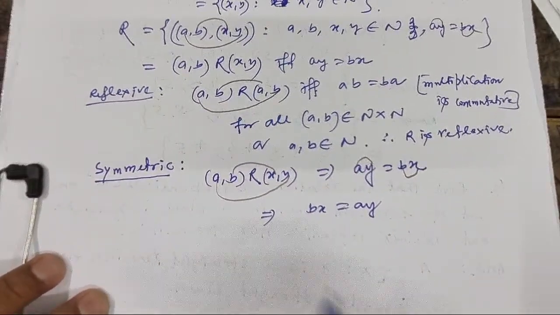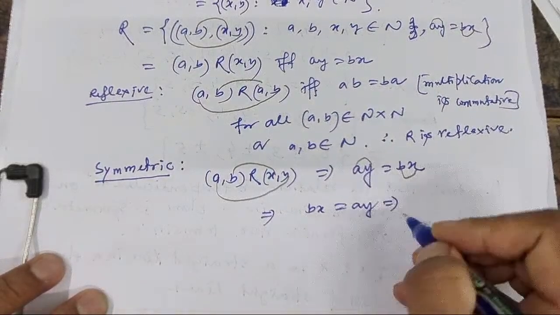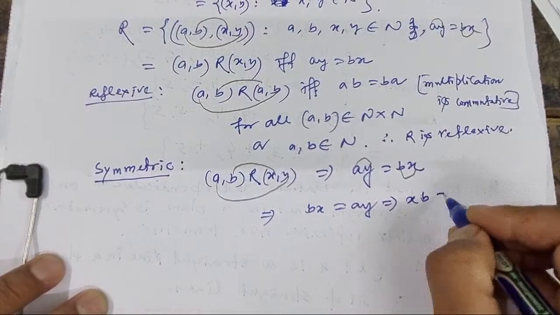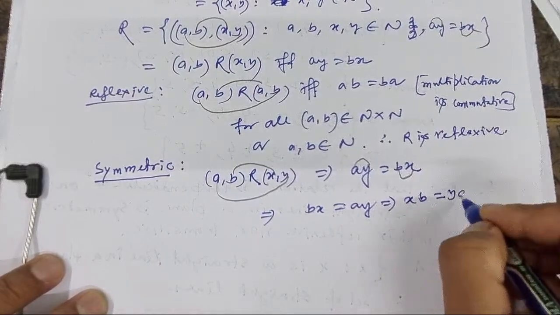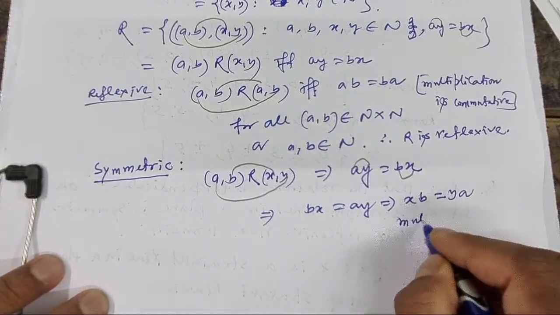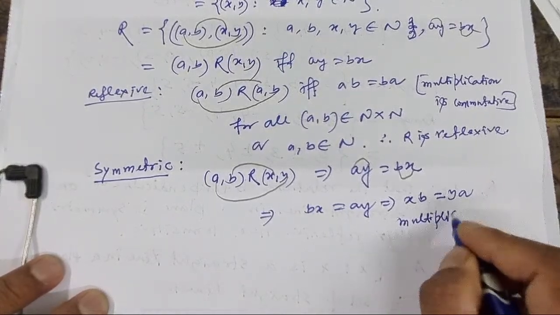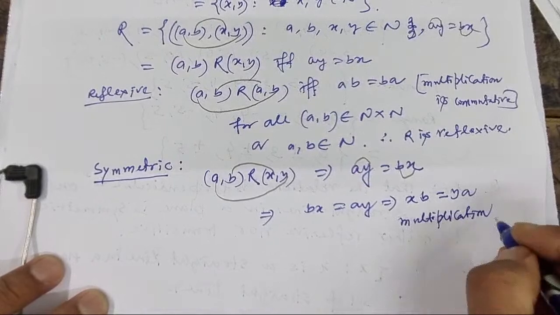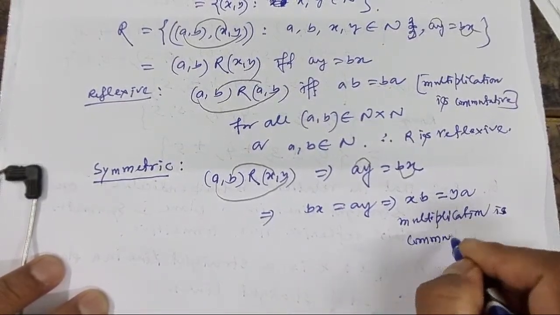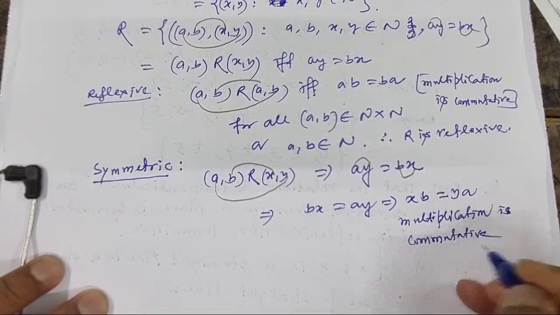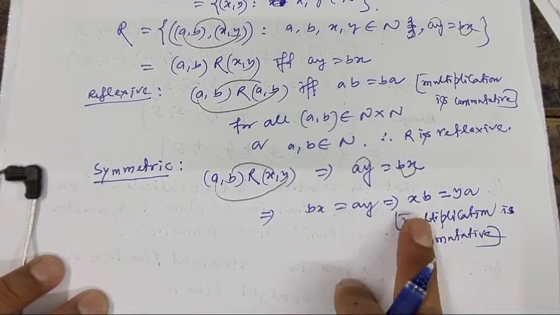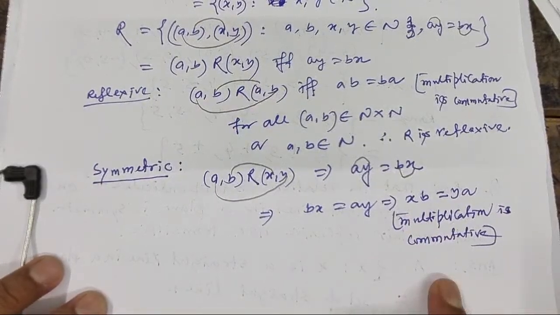But sir, why are you writing that? Let me complete this. And I am changing it to xb equals ya. Why, sir? Because again multiplication is commutative. That commutative rule is following.